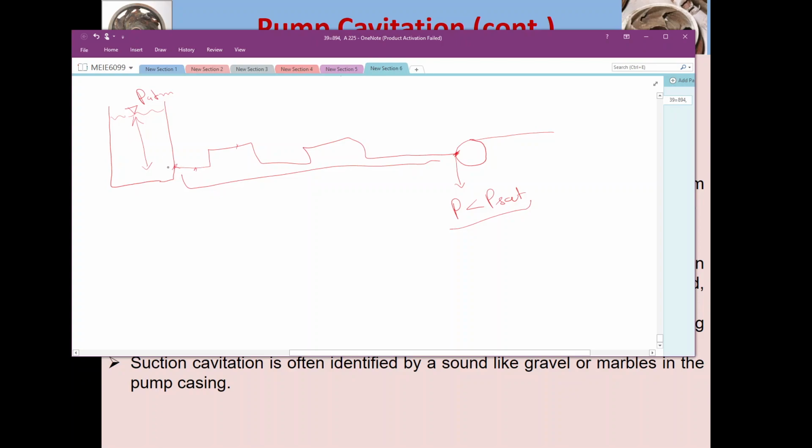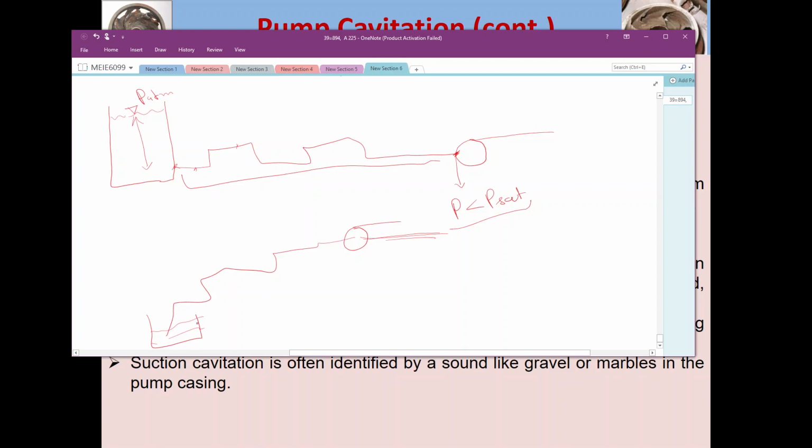Or, for example, your pump is taking liquid from a tank which is below the pump level. So this is the pump level, and this is the tank level. The tank is below the pump level.